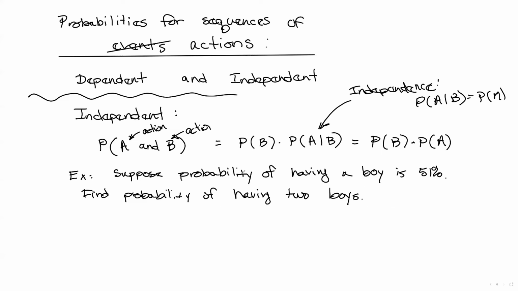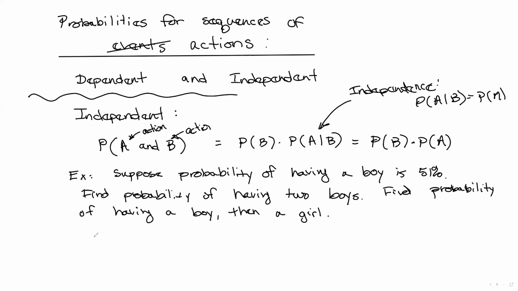All right, and then find the probability of having a boy then a girl. Okay, so how do these work?